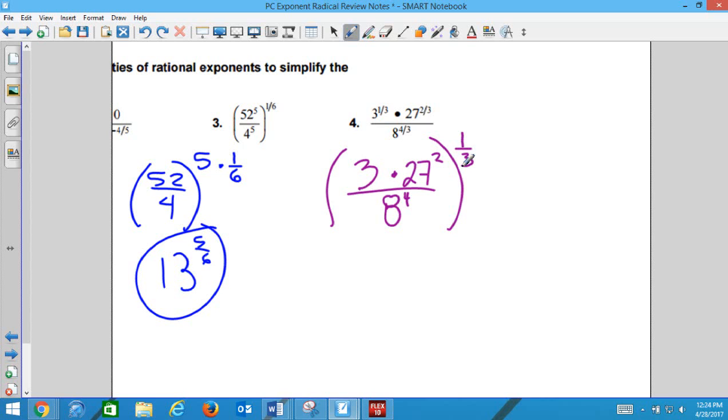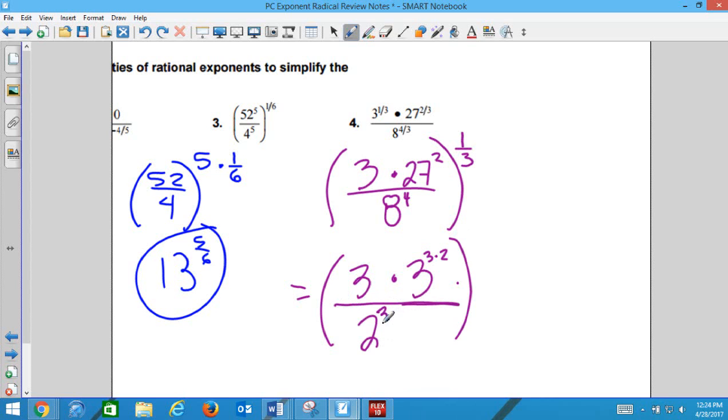So I'm going to take 27 and 8 and rewrite them as a prime number to an exponent. So 27 is what to the what? It's 3 to the 3rd. So I'm going to rewrite this as 3 to the 3rd, but there's already a 2 up there, so times 2. I'm going to do the same thing to the 8. 8 is the same thing as 2 to the 3rd, and then times 4. And then that's all to the 1/3.